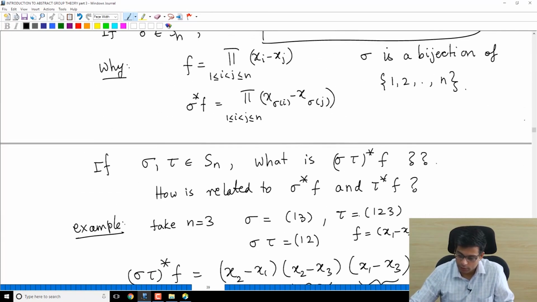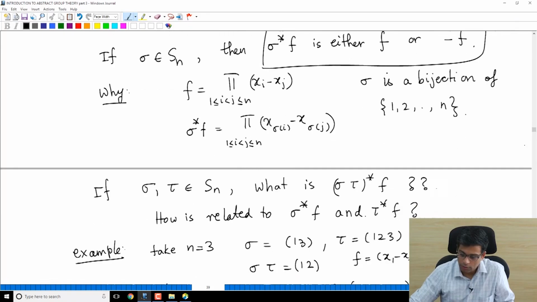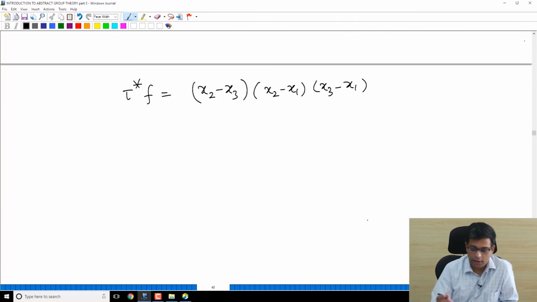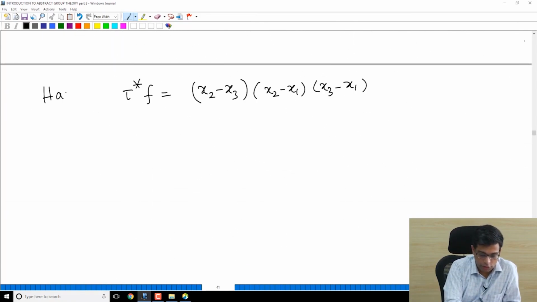Right, x3 minus x1. Okay, so now let's apply sigma star to both sides.